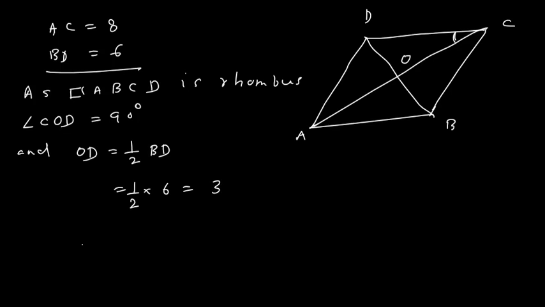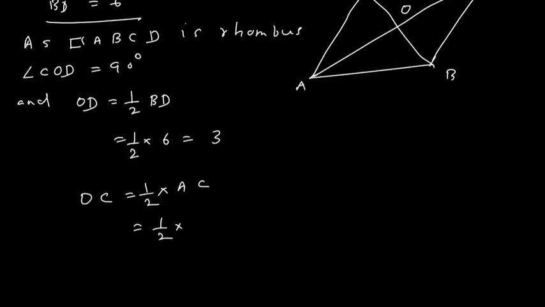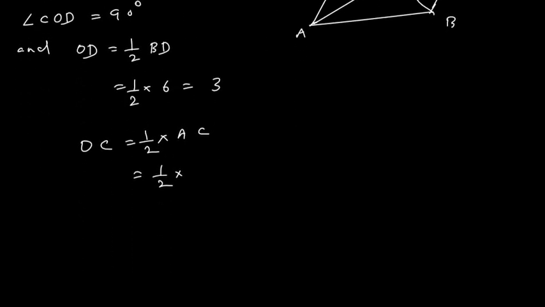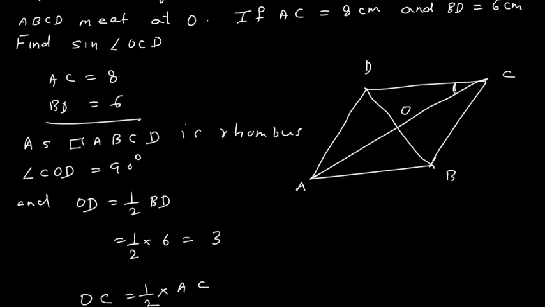And OC is half of AC. The value of AC is 8, so half of 8 is 4. So in this diagram, this value is 4, this value is 3 and this angle is 90 degrees.